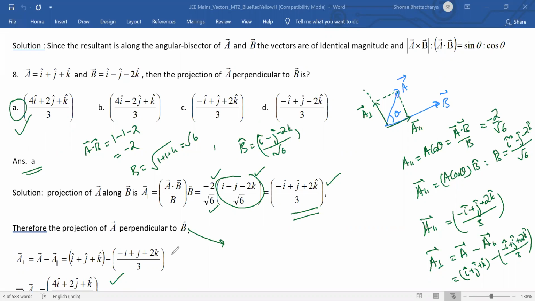You can see, how much will this be? Look, this is 1 plus 1 by 3, the x component when you're subtracting, then 1 minus 1 by 3, this is the y component, and then 1 minus 2 by 3.